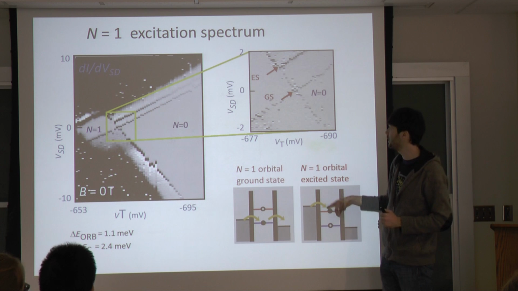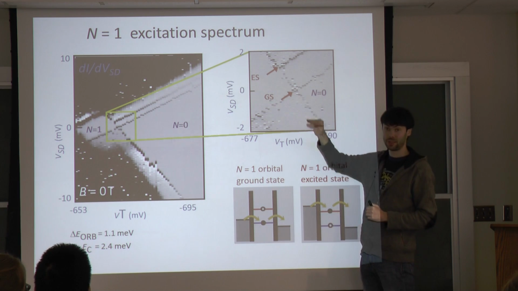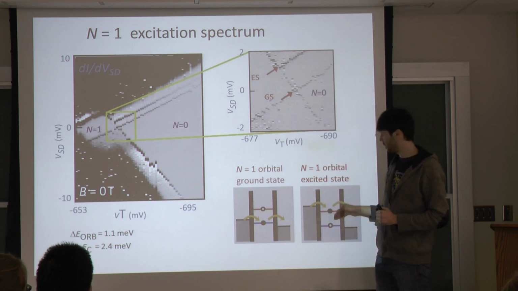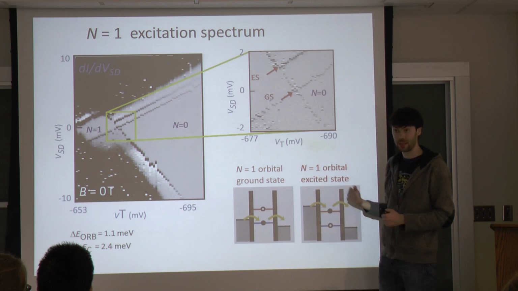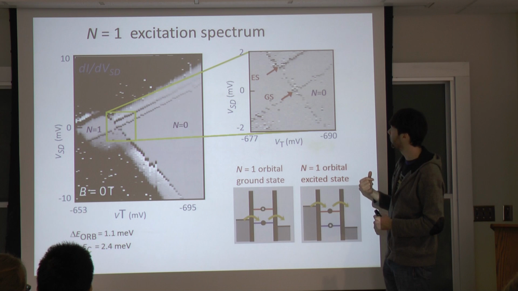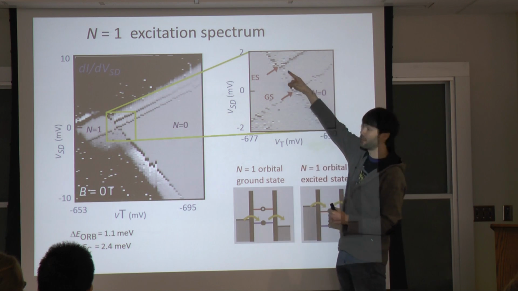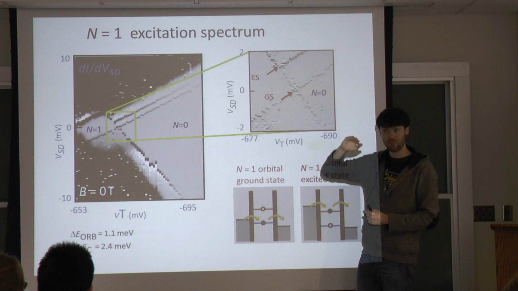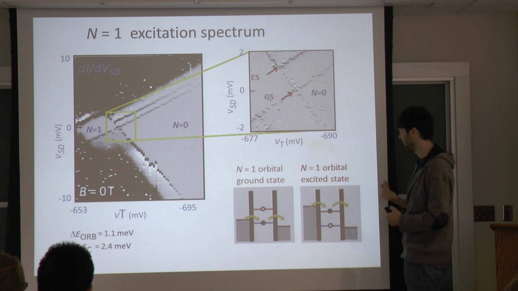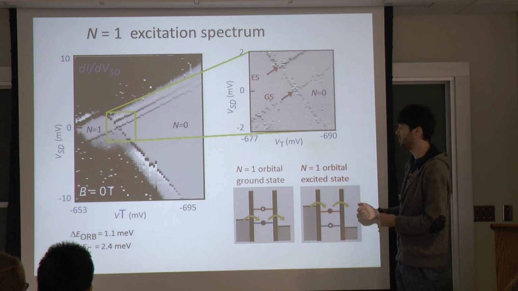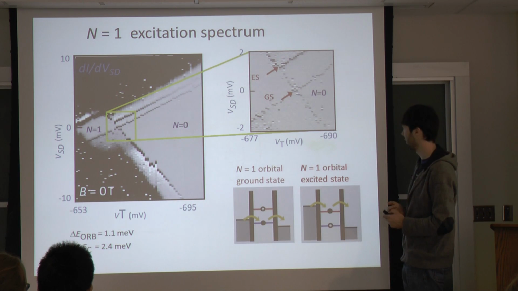And in that case, the current experiences a jump up, because now the probability to go is higher. You have two levels to go through. And in differential conductance, so the derivative of current with respect to bias, you get a line. So step means a line in derivative. So this is how you do spectroscopy on quantum dots, once again.